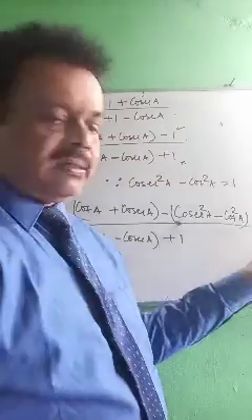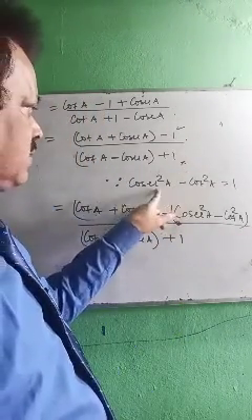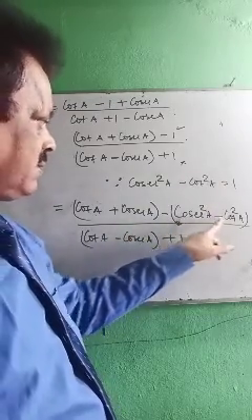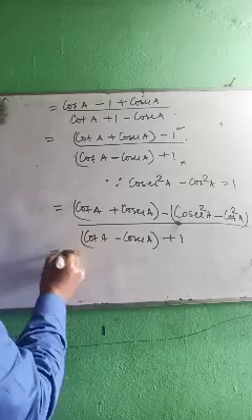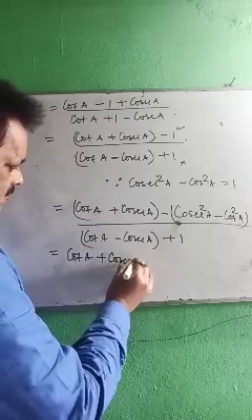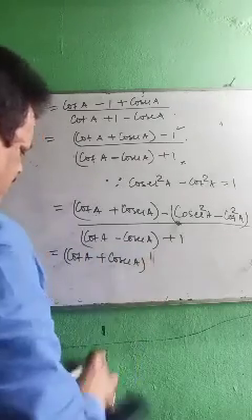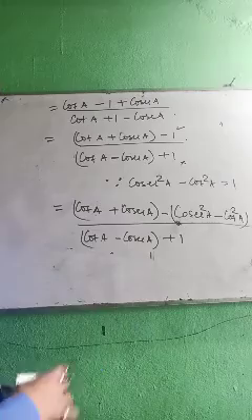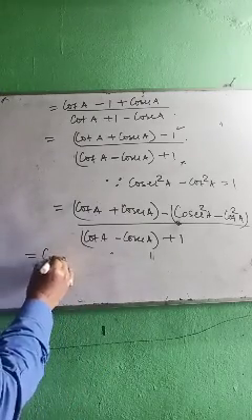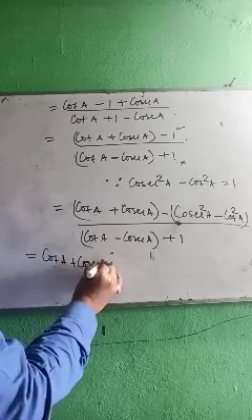Nothing I have done extra. The clue I have got is because this one is cosec square A minus cot square A. So now what you do is you factorize this. So you will get cot A plus cosec A.